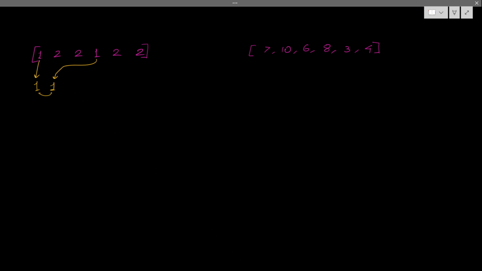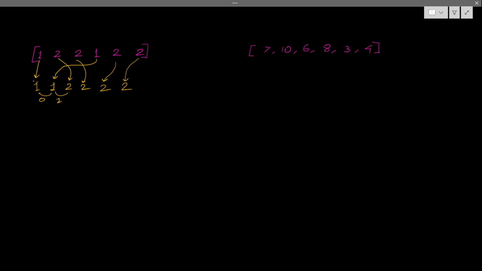So the difference is 0, which is fine because the difference could be at most 1. Then I can put this 2 here, so the difference is 1, which is also fine. After that I put these 2s here. So this is what we are getting.